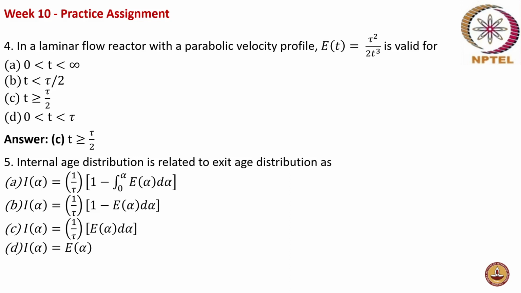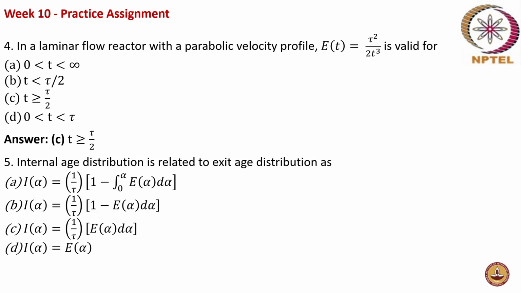Is it A, I of alpha equal to 1 by tau into 1 minus the integral 0 to alpha of E of alpha d alpha, or B, I of alpha equal to 1 by tau into 1 minus E of alpha into d alpha, or C, I of alpha equal to 1 by tau into E of alpha into d alpha, or D, I of alpha equal to E of alpha?